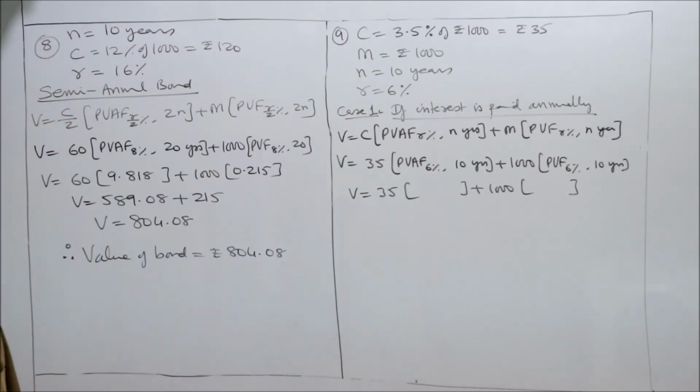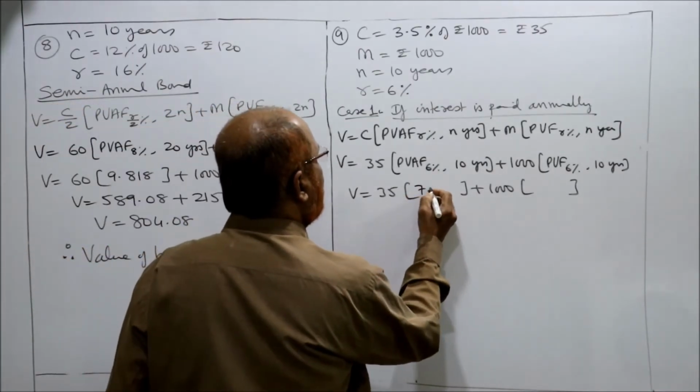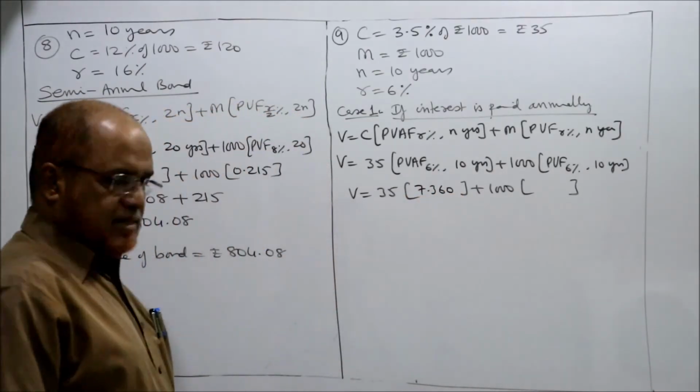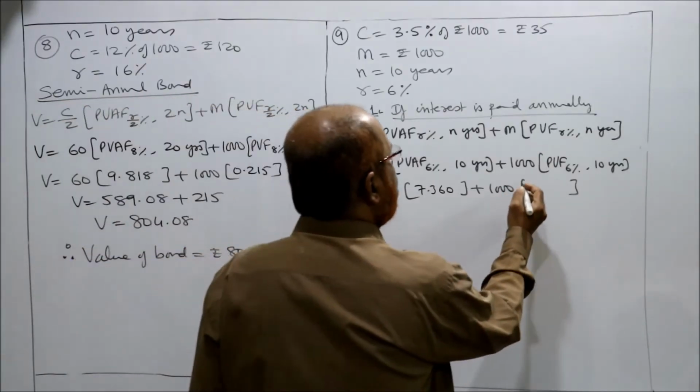So 35, 6%, 10 years, 7.360. And 6%, 10 years, 0.558.